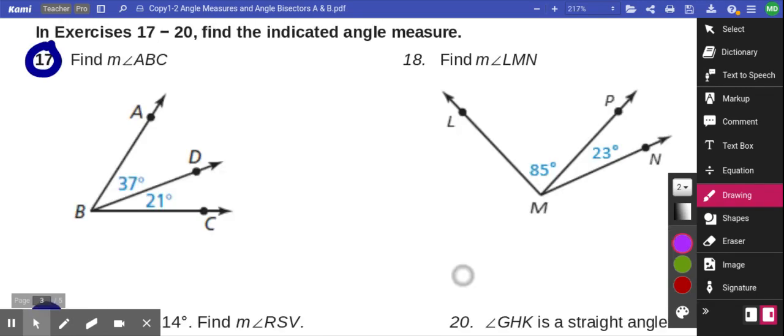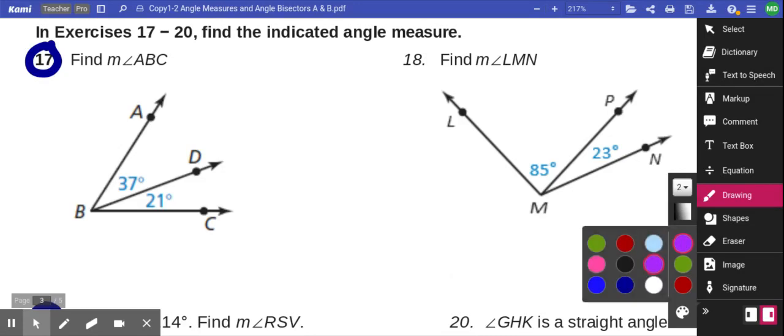In our next example, we want to find the indicated angle measure. So what I'm looking at in number 17 is I want to find the measure of angle ABC. That's my measure from point A to point B to point C because B is our vertex. So if I want to find this whole angle, I know that there are two parts to this angle.